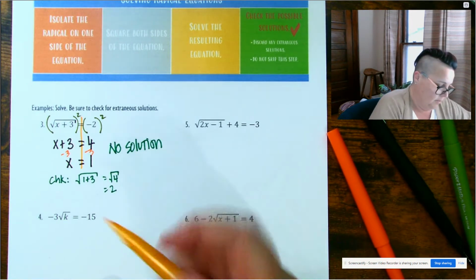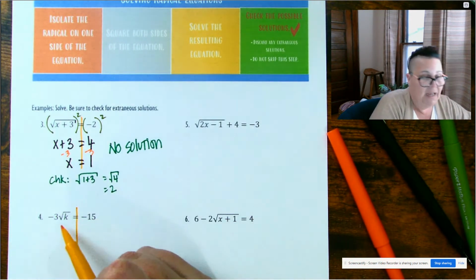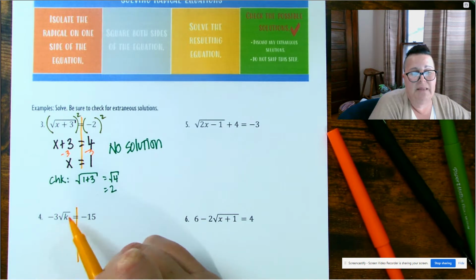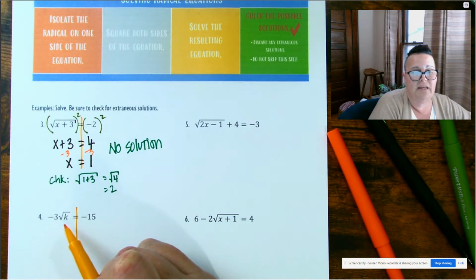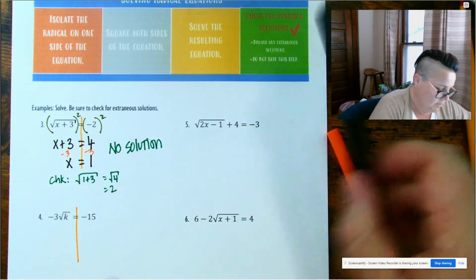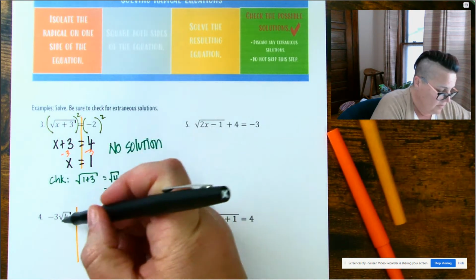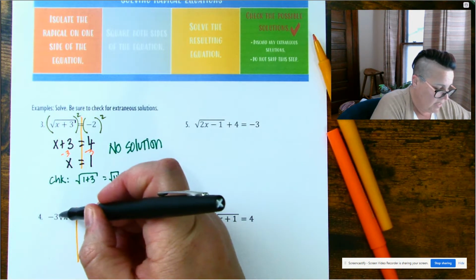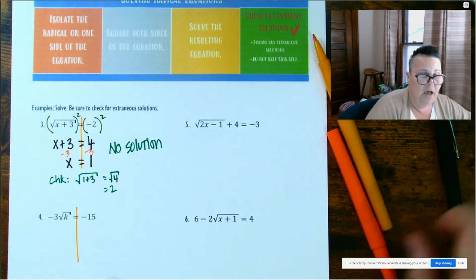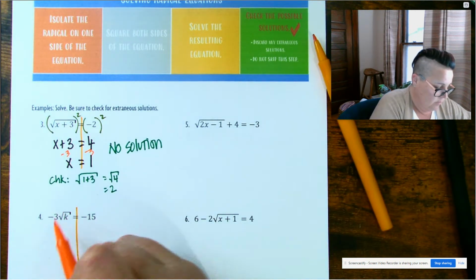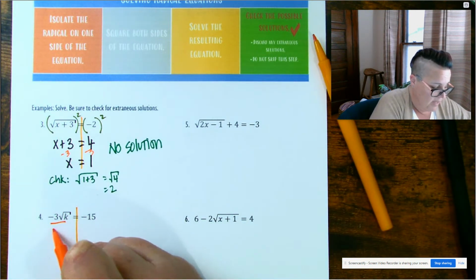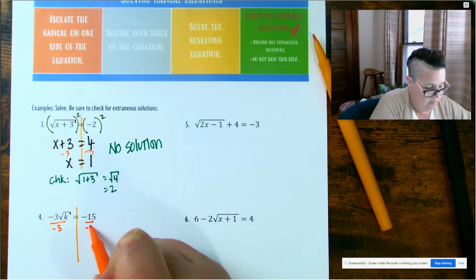Problem number 4. On the left-hand side, I have a square root, but it is not the only thing on that left side. If I just look at what's underneath the square root, this is negative 3 times the square root of k. I need to isolate that square root of k, so I'm going to divide by a negative 3.